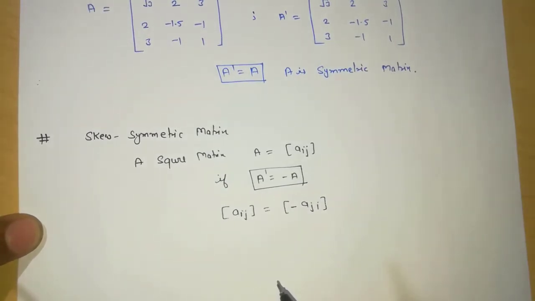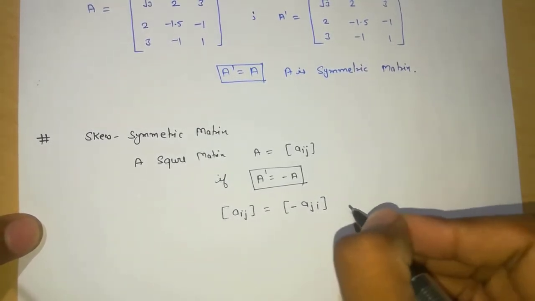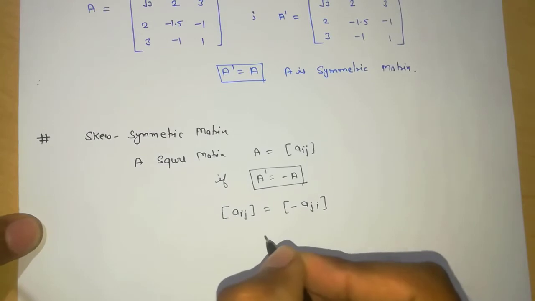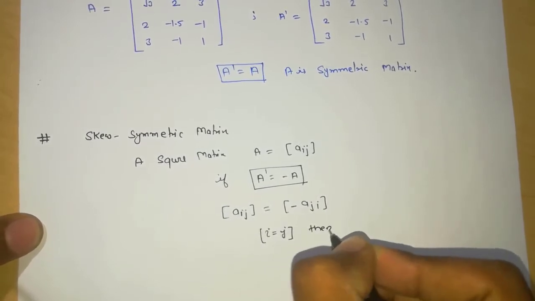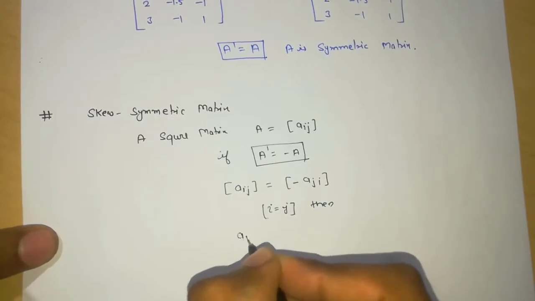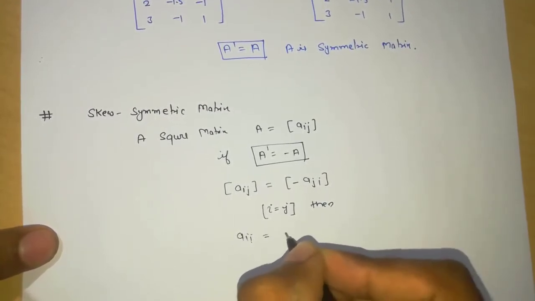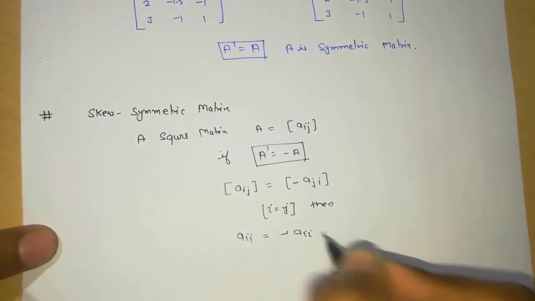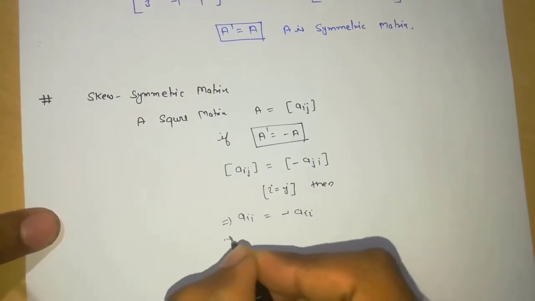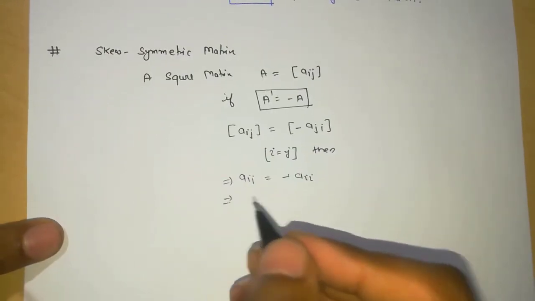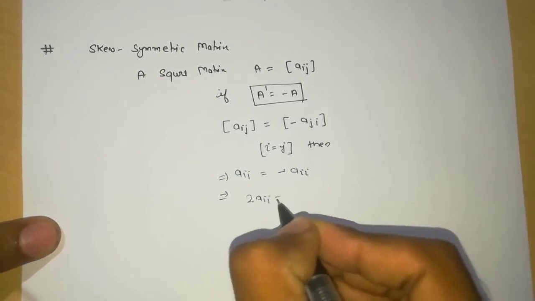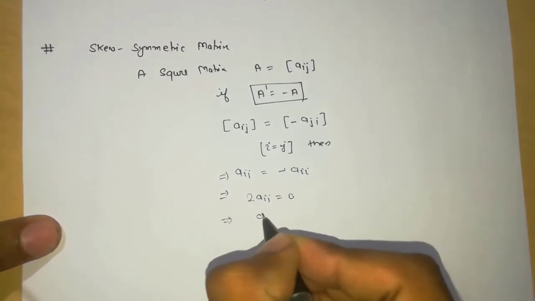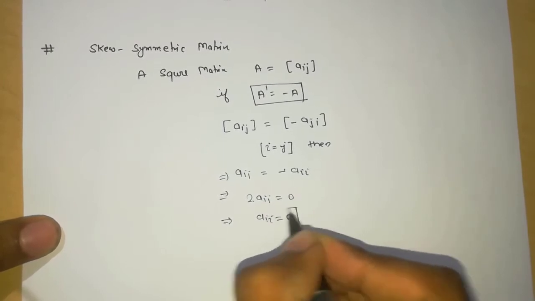Now we will put i equals j. Then the condition is Aii equals minus of Aii, which means 2 Aii equals 0. It means Aii equals 0.